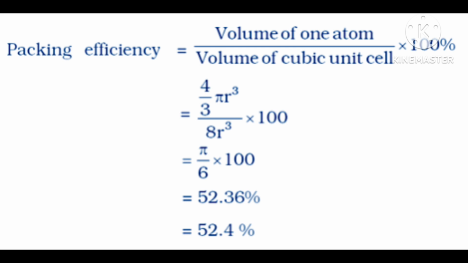If you solve all this, you will get 10.5 into 10 to the power 3 kg per cubic meter. This is the density in SI.